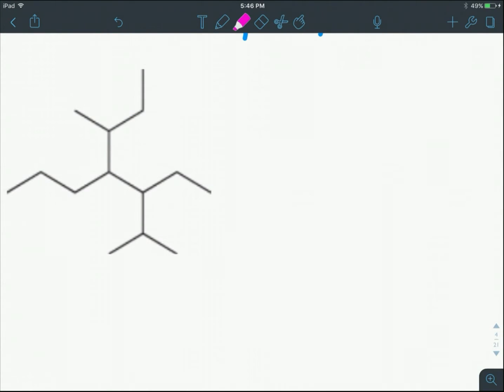Alright, if we look at this next example, again, we need to find the longest chain with the highest number of substituents. So let's just start trying. 1, 2, 3, 4, 5, 6, 7 is an option. 1, 2, 3, 4, 5, 6, 7.